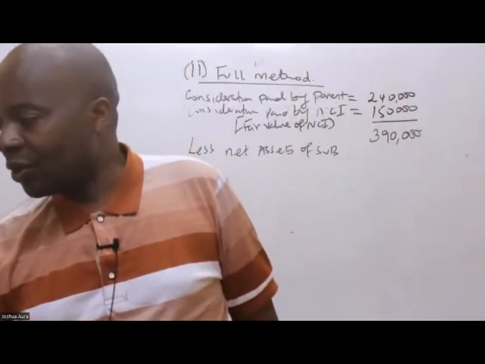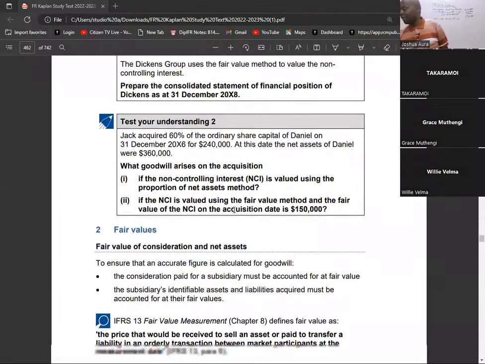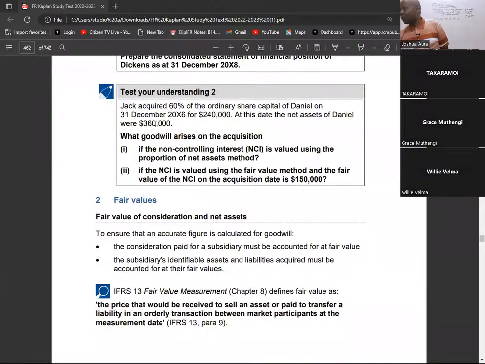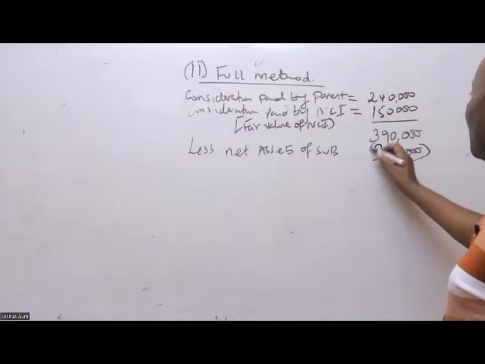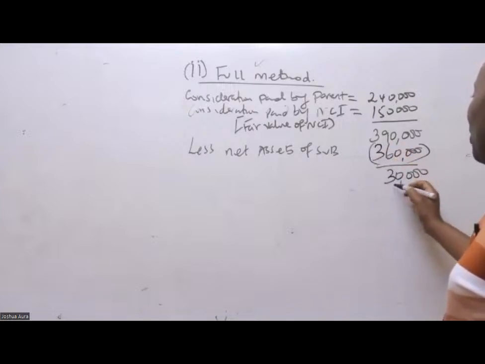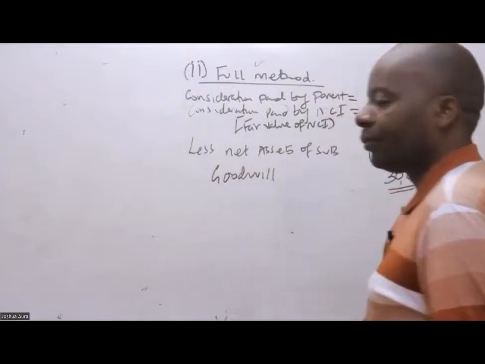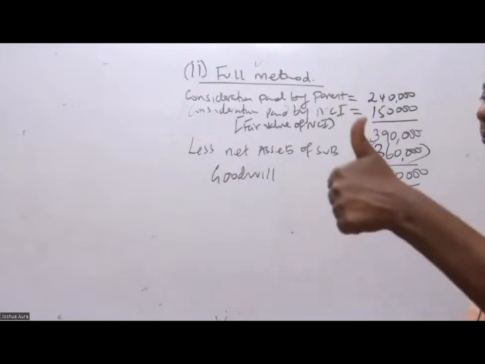So net assets of the subsidiary told us is 360,000. Paul gave us goodwill of 30,000. Great.